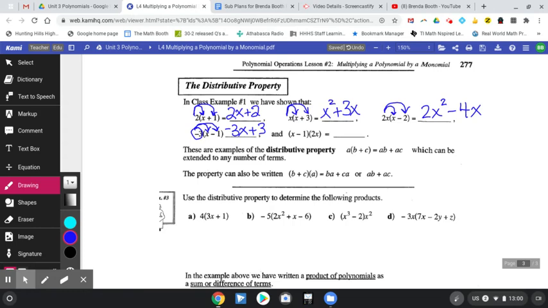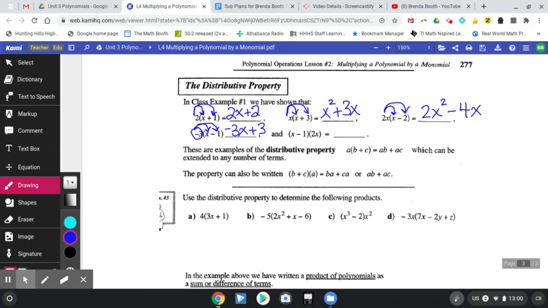Now this next one is written in a little bit of a funny order, but it doesn't really matter. We could do this 2 different ways. We could say I'm going to take this x and multiply the 2x, take this negative 1, multiply the 2x. And that idea is kind of shown to you right here. So this b times a is ba, and then c times a is ca, but we want to put these in alphabetical order.